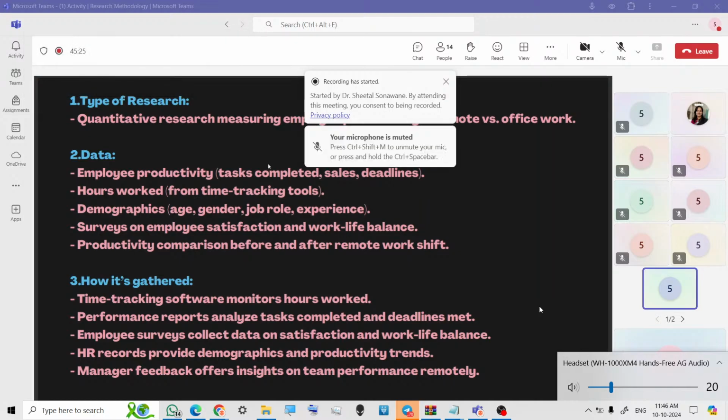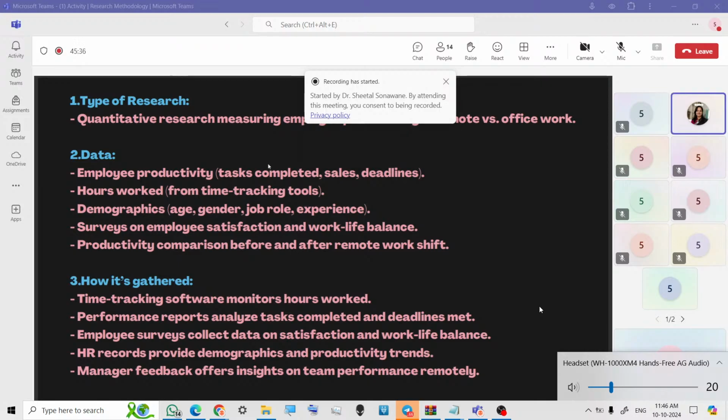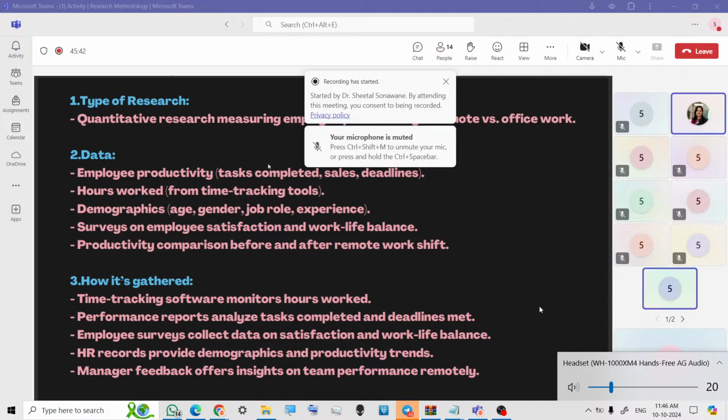No, but it's on small scale. That's why. So what is the type of data collection used? As you mentioned, it's a primary data type, right?